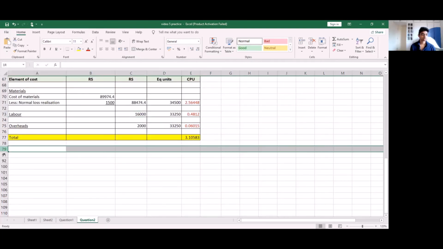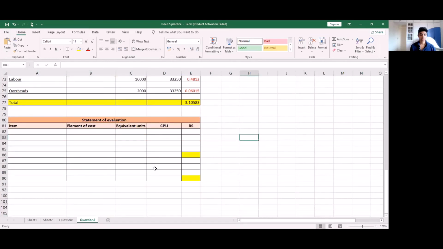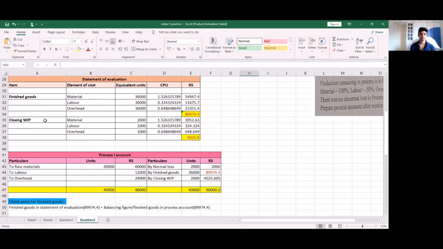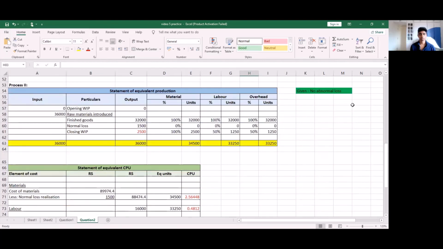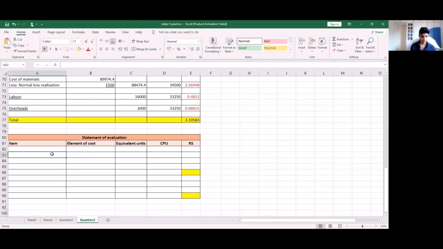Let's jump to our third account, which is our statement of evaluation. In our statement of evaluation, again, we have only two items like our previous process, which is finished goods and closing work in progress, because once again, we have no abnormal loss or opening work in progress. So first, we have finished goods.